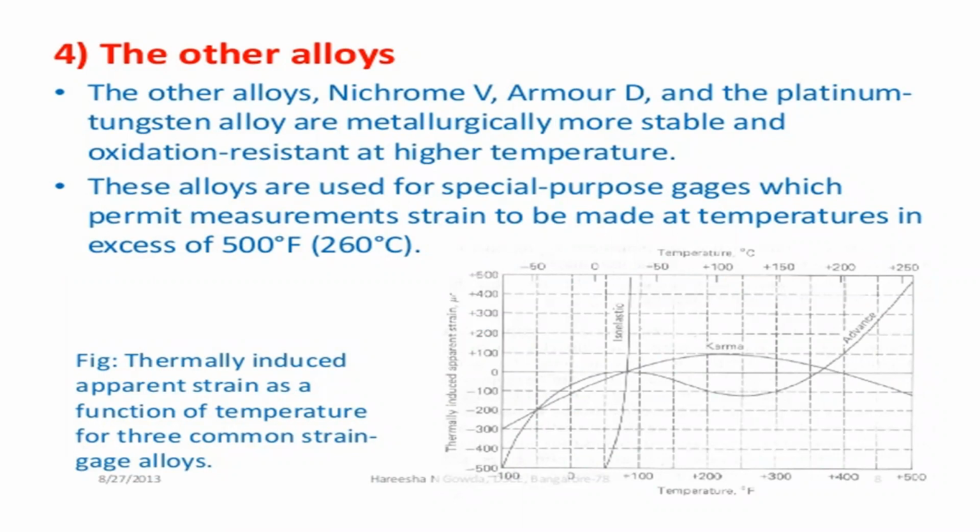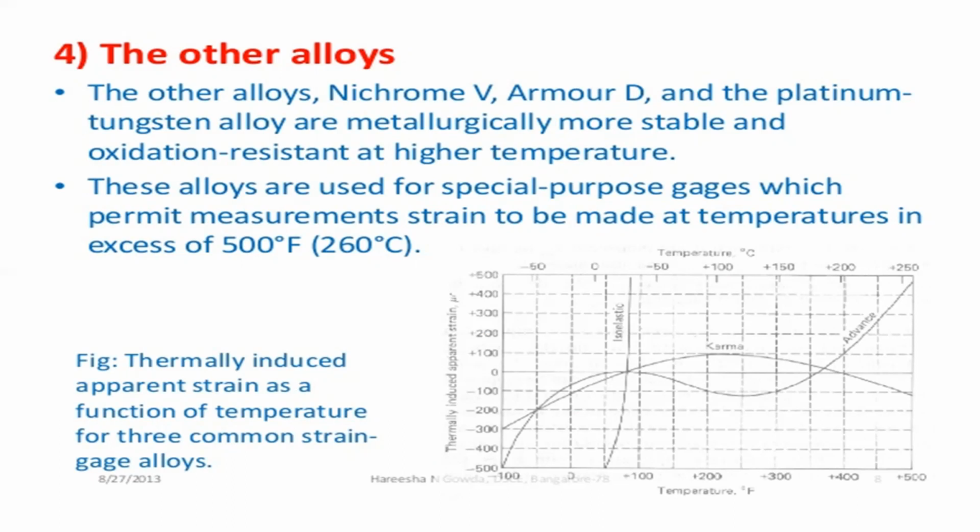These are the different types of materials used in strain gauges. They have very high resistance under higher temperature. These alloys are used for special purpose gauges which permit strain measurements to be made at temperatures in excess of 500 degrees Fahrenheit, that is 260 degrees centigrade.